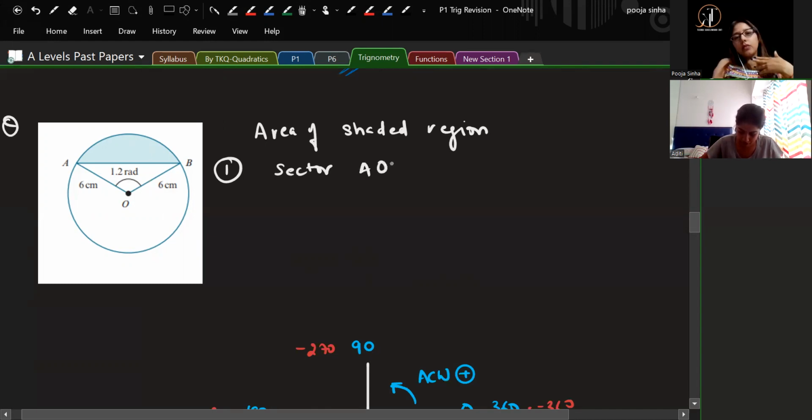So the area of sector AOB is 21.6. Then the triangle. We know that for triangles it's half AB sine theta.